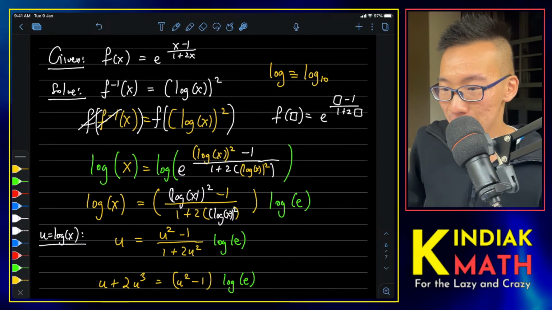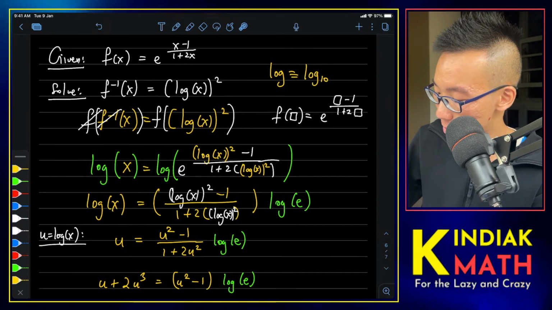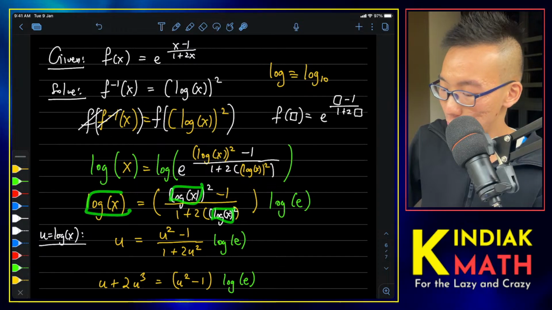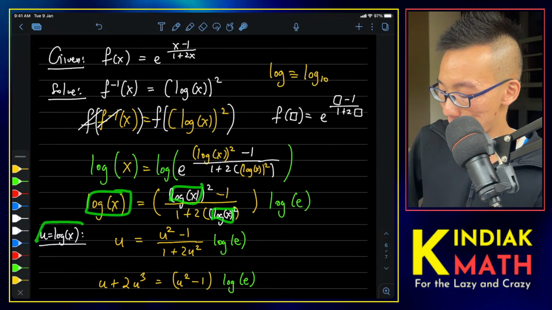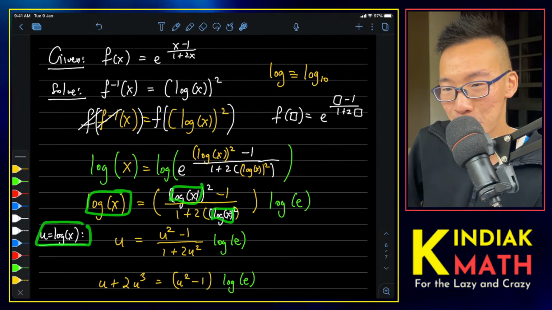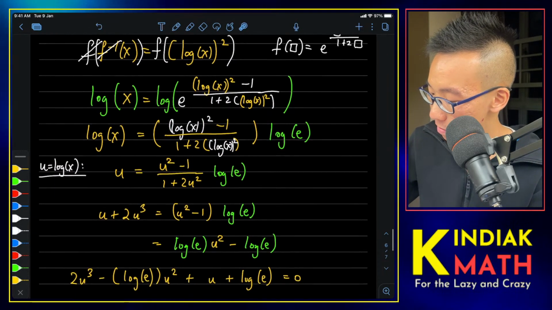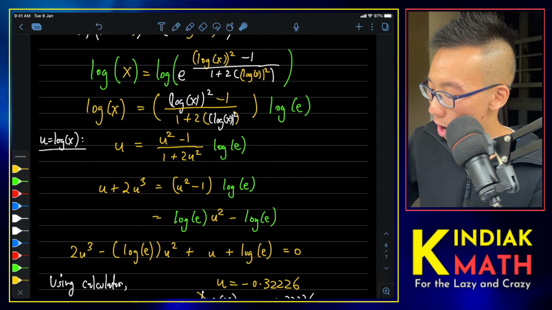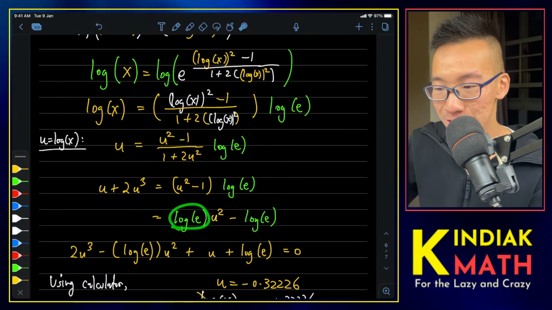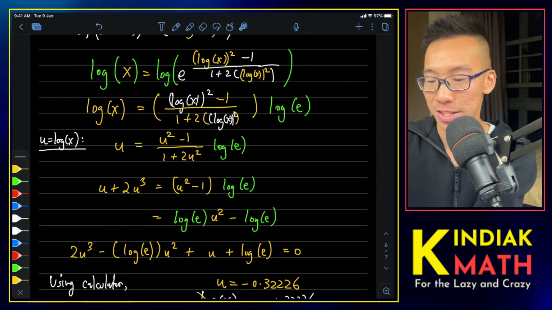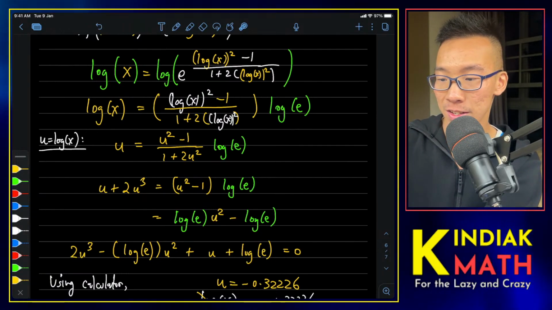Once you do that, you will notice that there's a bunch of log x's floating around, and that's where you can employ the substitution u equals the logarithm of x. And then you can simplify, and while this looks a bit strange, this really is just a constant.